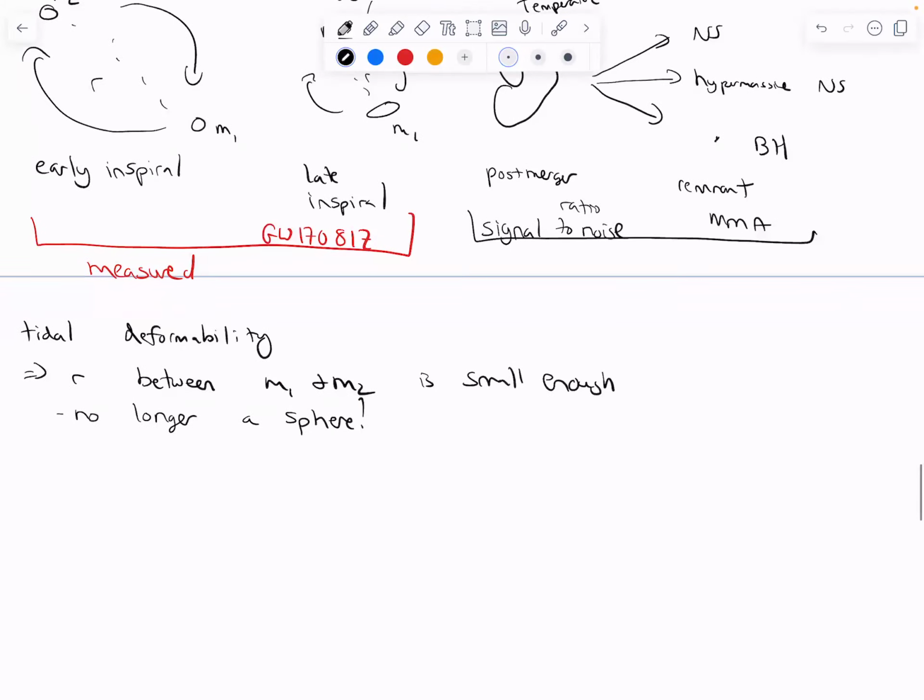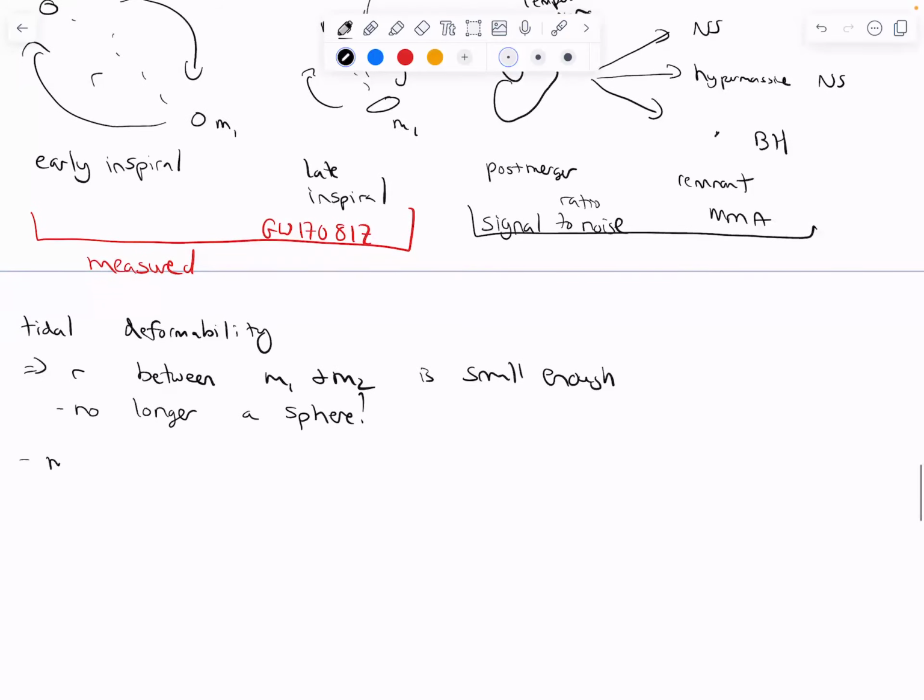So what do you actually do to get this? Well, there's sort of specific steps. You do a multipolar expansion of the metric exterior of the star.